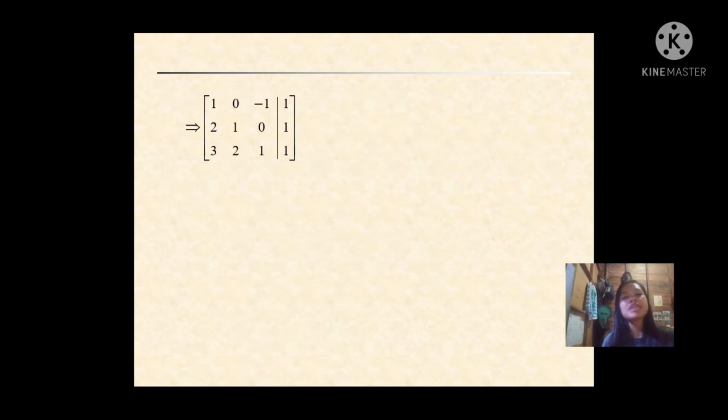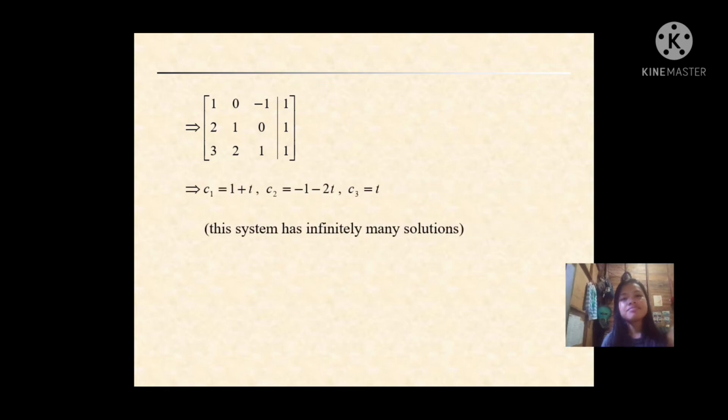And these are the matrices. These 3, 1 in the fourth column are found in this C sub 1, C sub 2, and C sub 3. Here you can see the three 1s in the fourth column. This system has infinitely many solutions.